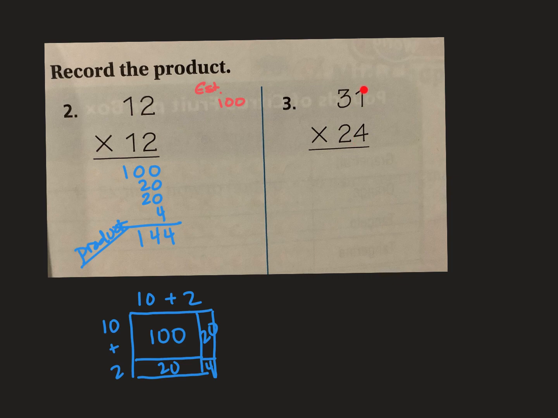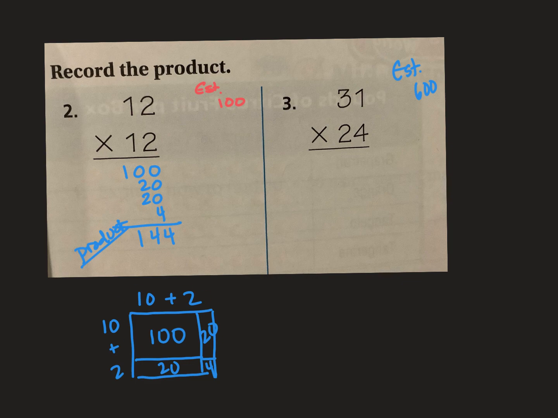3 times 2 is 6 with 2 zeros on the end. My estimate is 600-ish. And I know I rounded down on both of them, so it's going to be over 600-ish. A little bit. Let's do the 3 times 2 first, the tens places. And let me just draw it. I feel like some of you may still need to see this part.